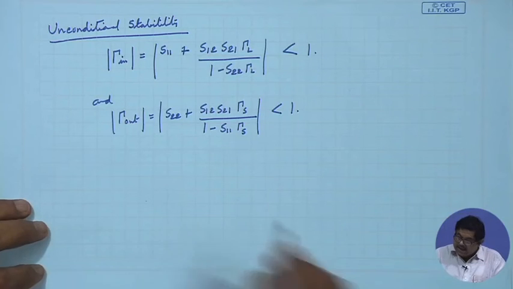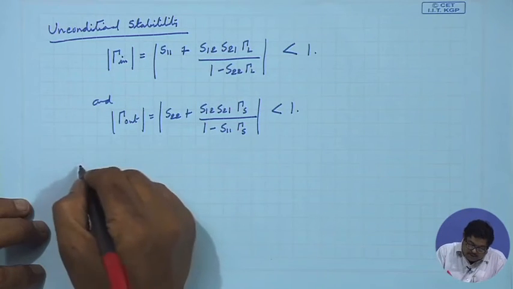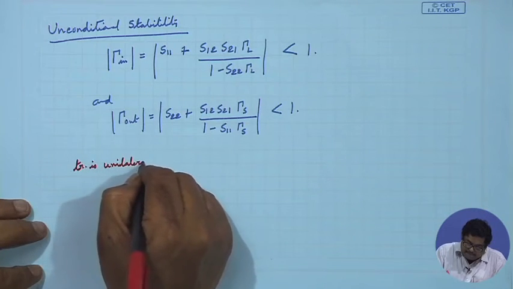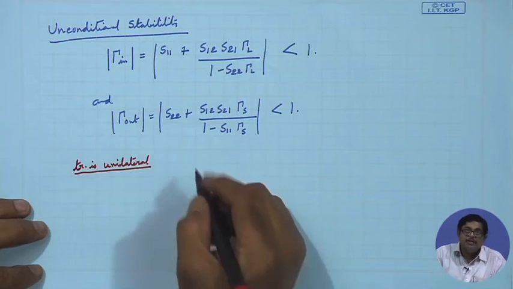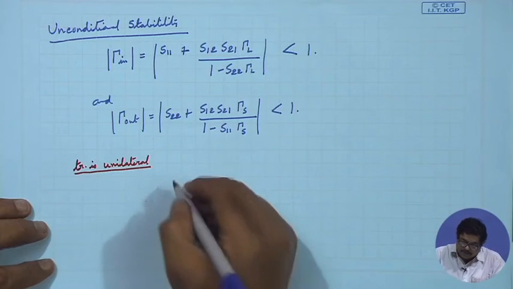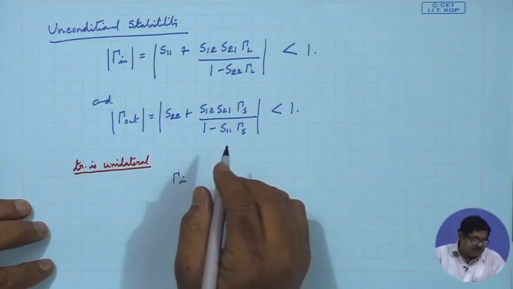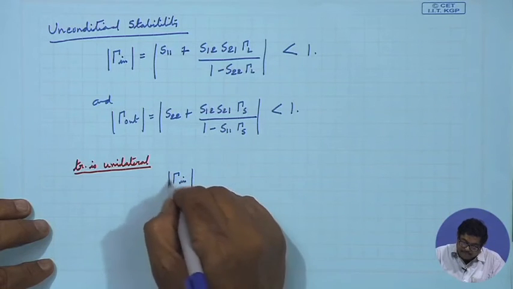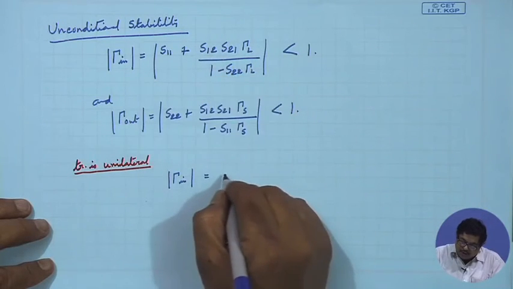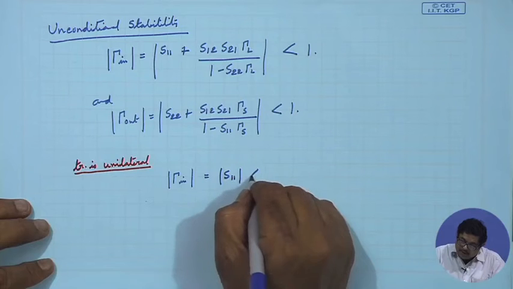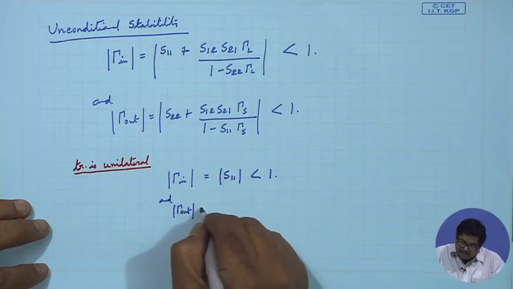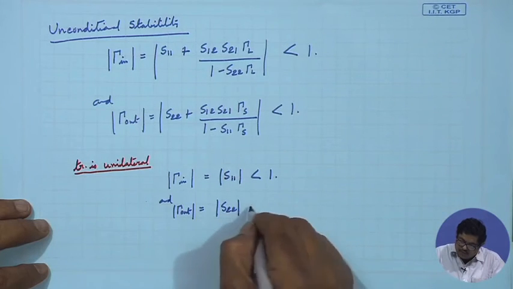Now, if the transistor is unilateral, which we already discussed many practical transistors are, then these conditions become simplified. Unilateral means S12 is 0. So, gamma in is S11, less than 1, and gamma out is S22, less than 1.